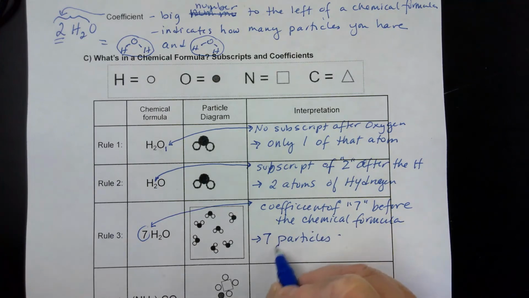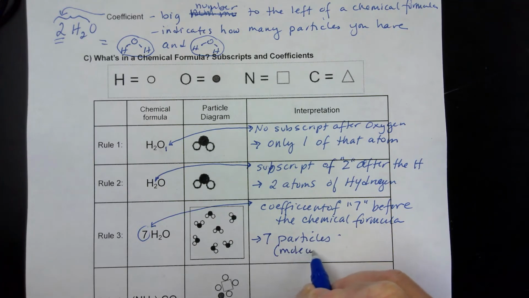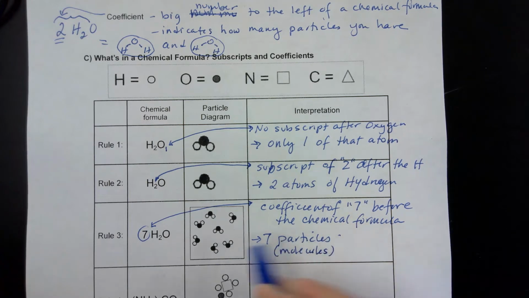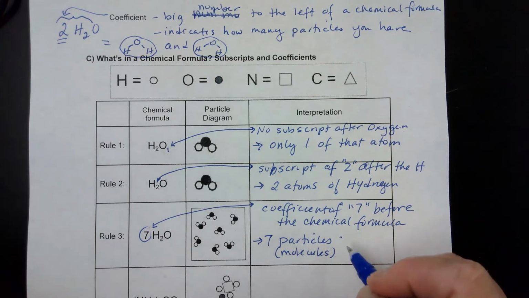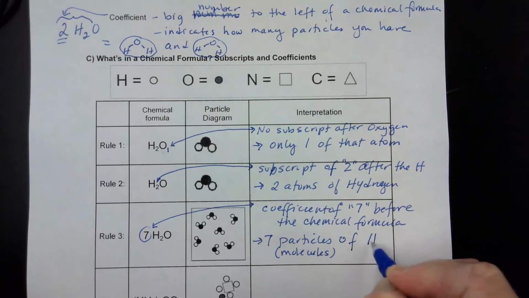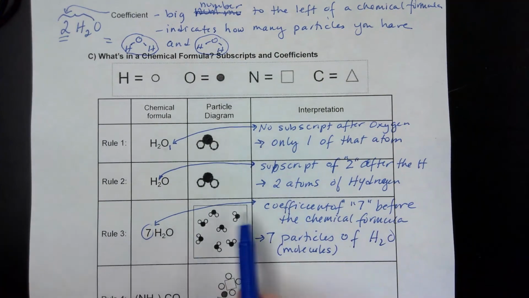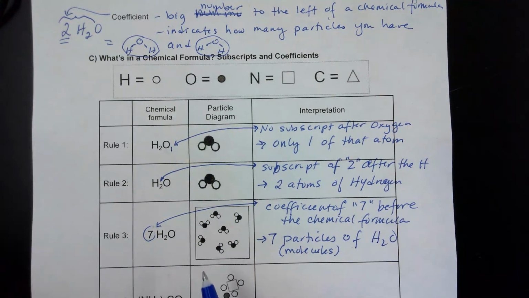In this case, those particles are molecules, because there are 2 different types of atoms stuck together in one of those particles. So we'll call them 1, 2, 3, 4, 5, 6, 7 distinct particles of water. So the 7 is telling you how many of those particles are present.